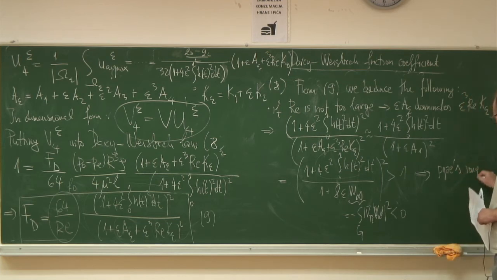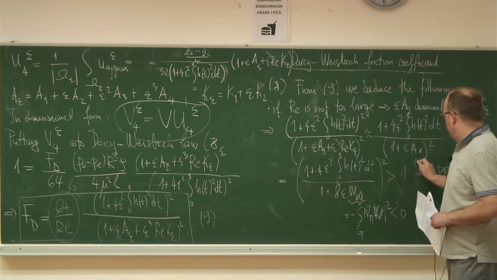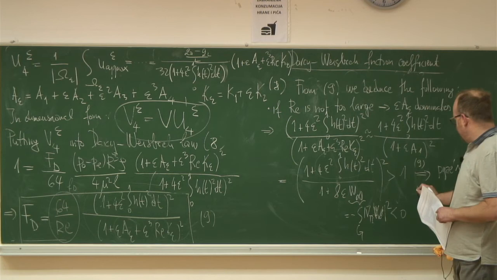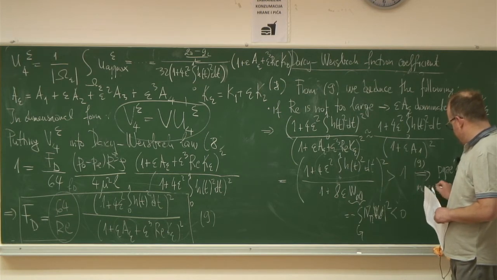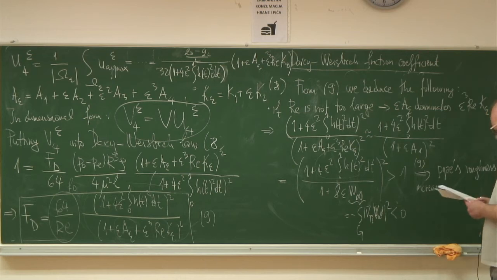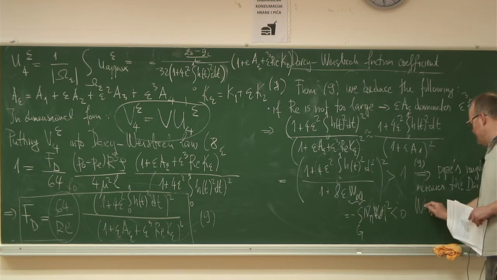So the conclusion here is that pipe's roughness, and that we conclude from the formula 9, so pipe roughness increases the Darcy-Weisbach friction coefficient.